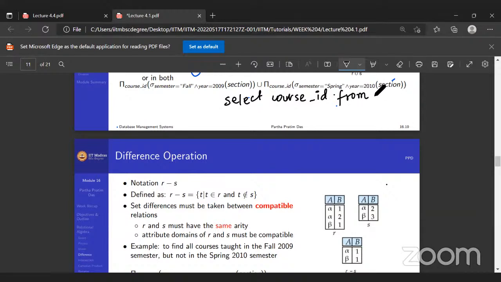From section, where semester is Fall and year is 2009.